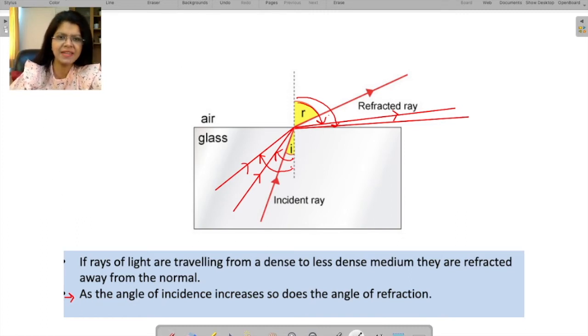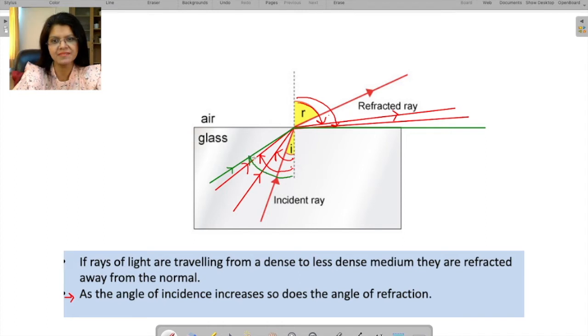You have ultimately increased your angle of incidence to such an angle that the refracted ray is at 90 degrees. This is your refracted ray. So let us understand. You have increased your angle of incidence to this particular angle so that the angle of refraction here becomes a complete 90 degrees.